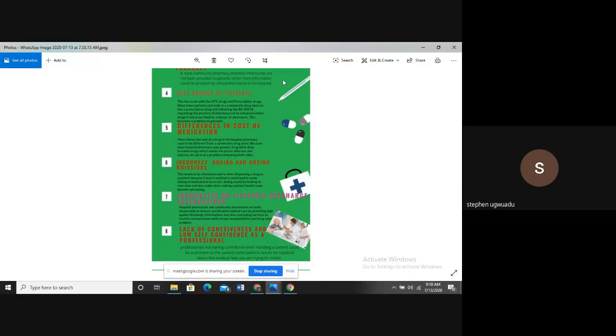Sometimes these instructions are not carried out well, so it tends to cause some problems for the patient.